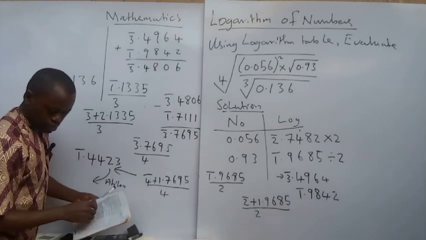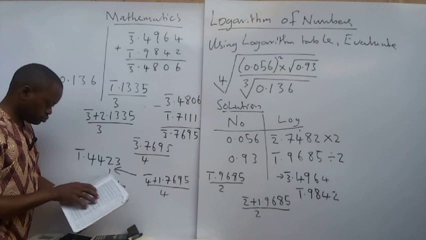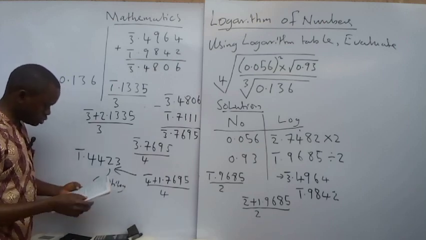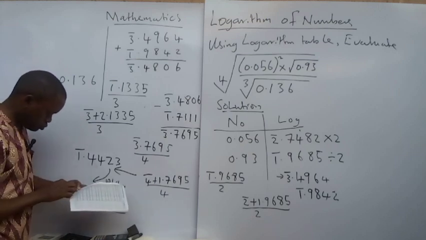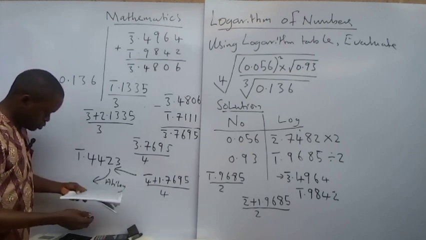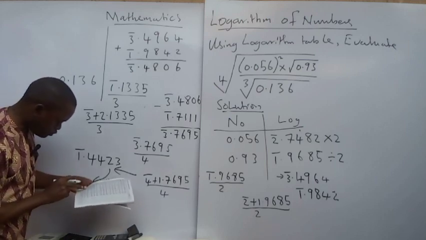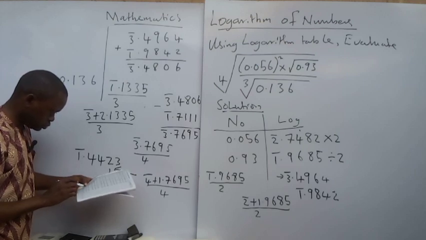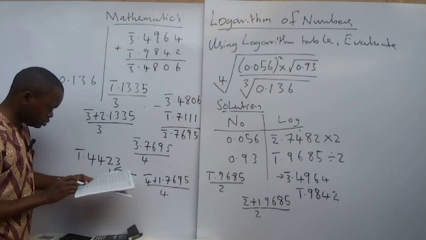0.44. Go to the anti-logarithm table. Antilog table, yes. 0.44 under 2 is 2767. Hope I'm in the right position. Yeah, 2767.